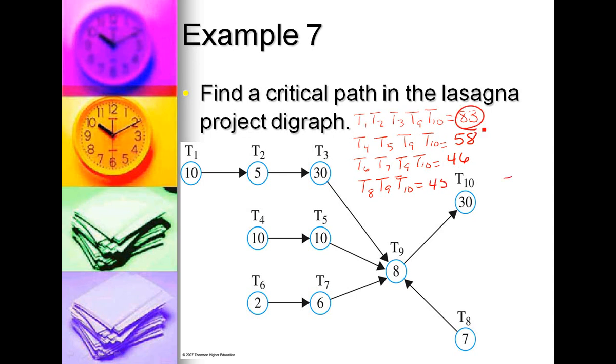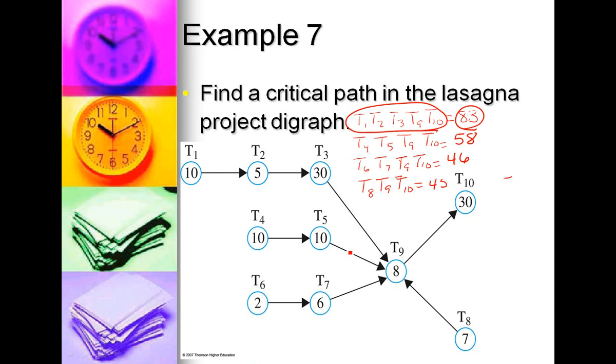This is the critical time. This is your critical path. That is the shortest completion time for the project. Now the reason is, what happens is T8 gets right here at T9 and says, okay, I'm waiting on everybody to show up. The next to show up is this path. T6, T7, they get there. Okay, we're waiting on everybody to show up.